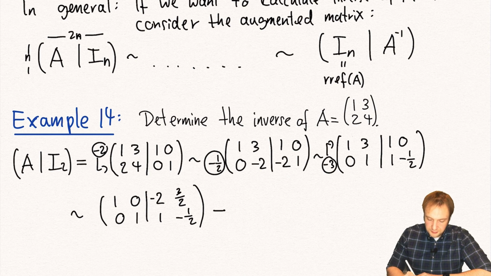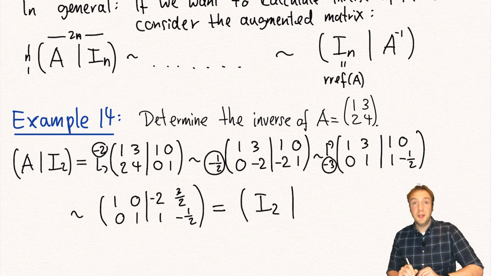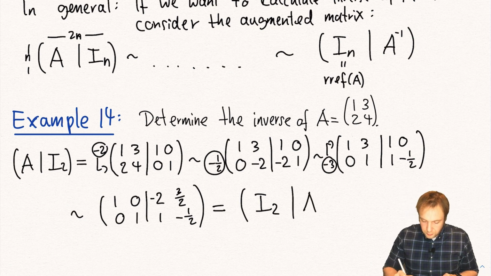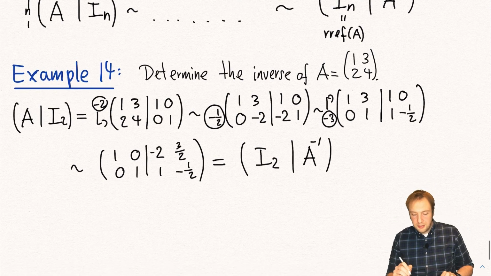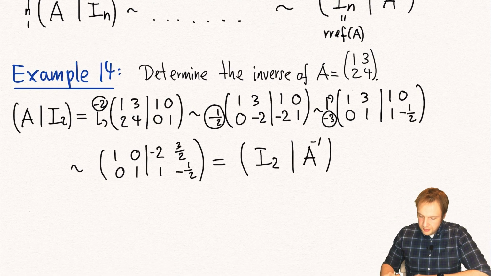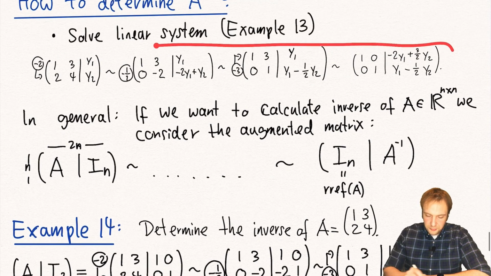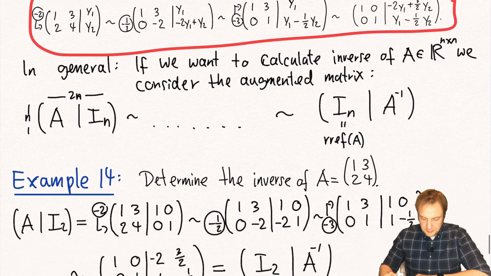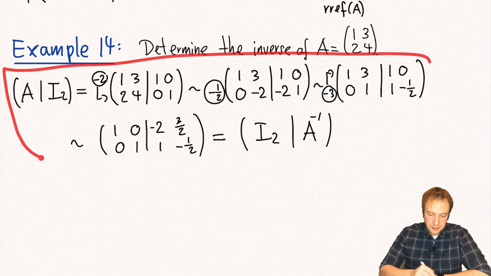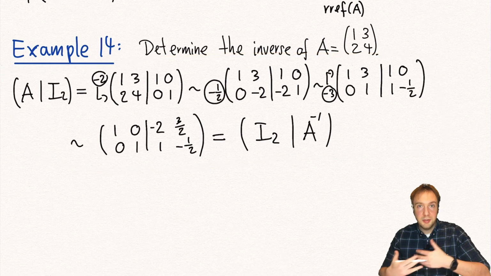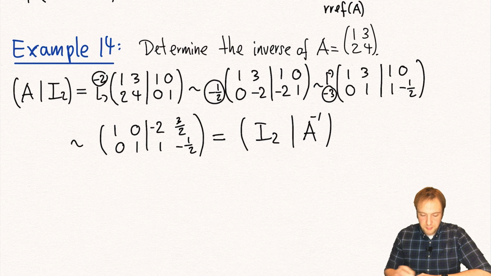And now you see this is exactly, on the left hand side we have the identity matrix of size 2, and on the right hand side we have a 2 by 2 matrix, which in this case is exactly this A inverse. And actually if you compare these two calculations with the original one, you see it's exactly the same, but maybe it's a little bit cleaner because we don't deal with these y1 and y2, and maybe this is a better way to do this.